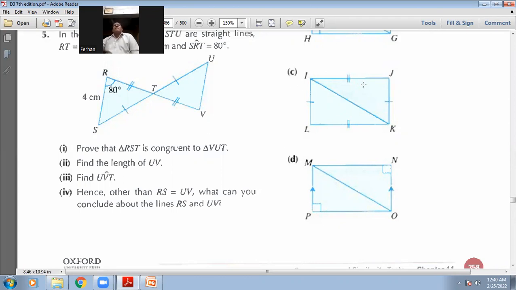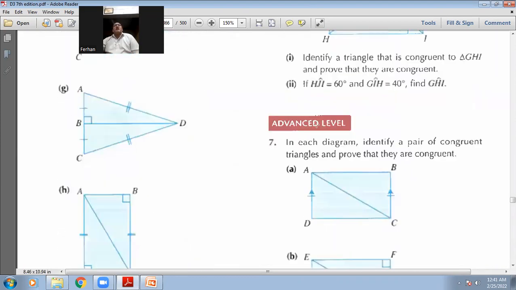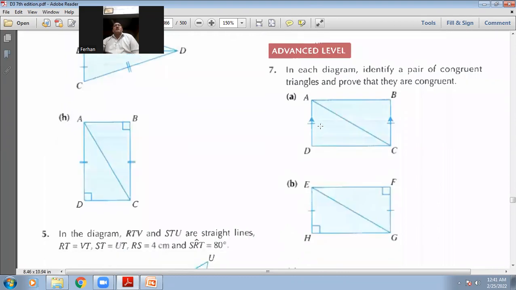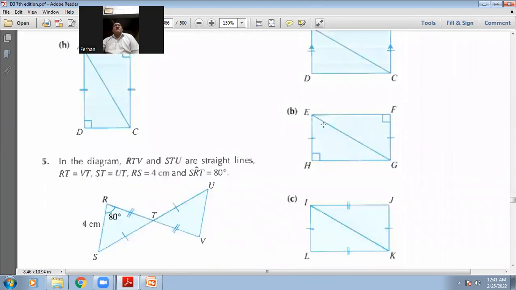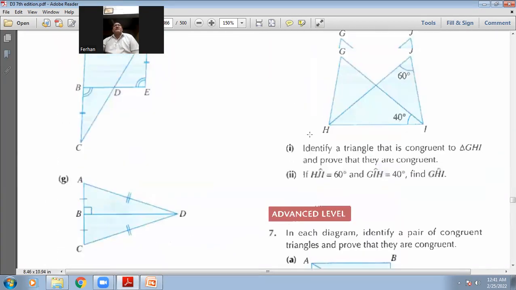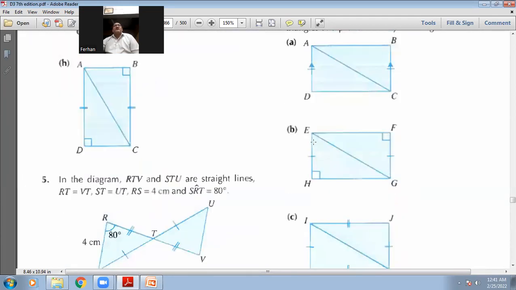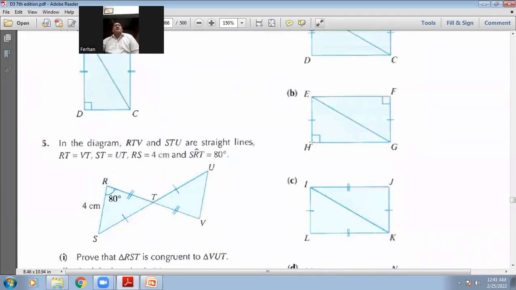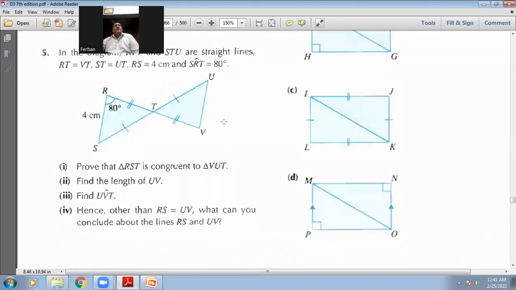So if you want to compare these two, this side and this side will be equal, this side and this side will be equal. Sorry, that is question number 7. I was supposed to go to question number 5 first, but I started discussing this one.